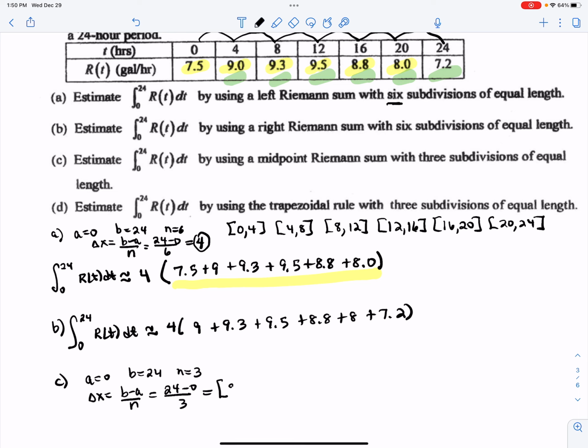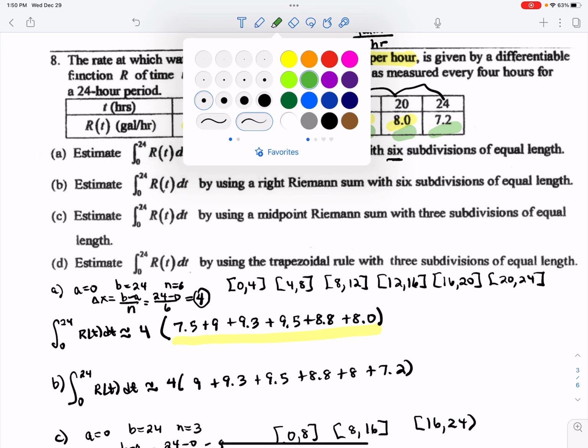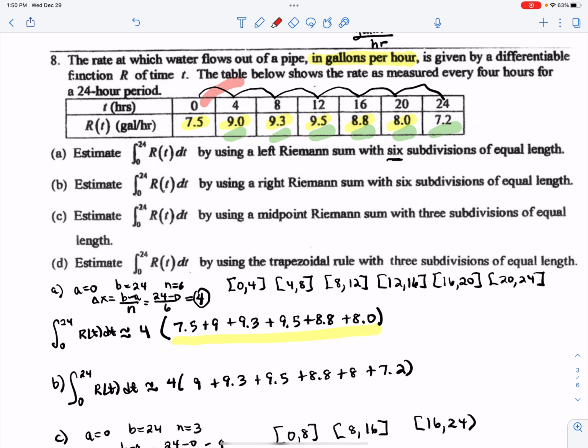So the intervals are 0 to 8, 8 to 16, and 16 to 24. All right, and I'm going to loop those off in red. 0 to 8, 8 to 16, and 16 to 24.